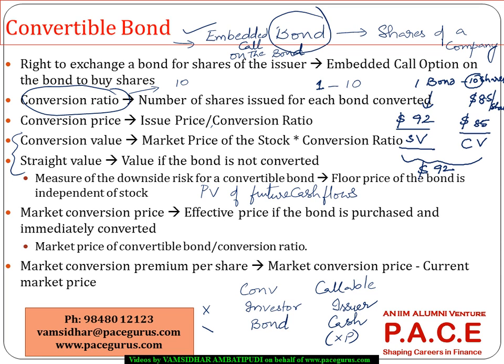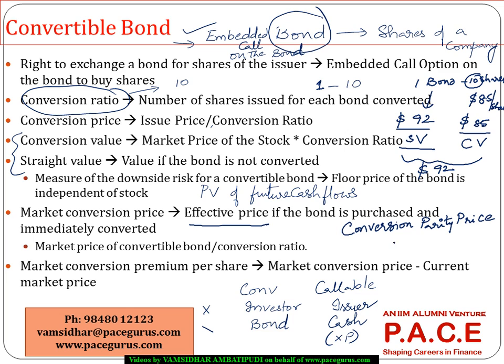Then, if I look at the market conversion price, it is the effective price if the bond is purchased and immediately converted into shares. It is otherwise typically called the conversion parity price. Why do I call it that? I am purchasing the bond and immediately converting into shares. So what is coming out?